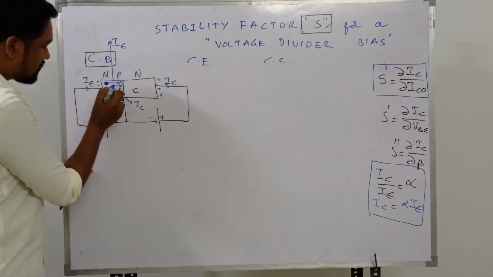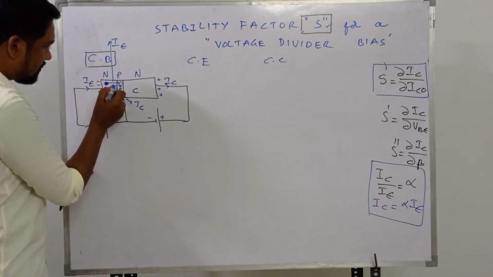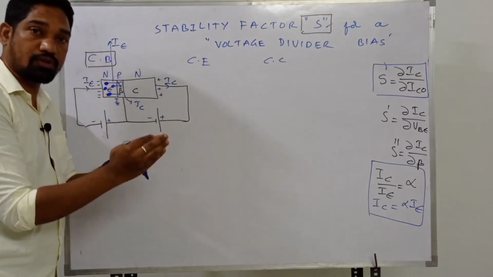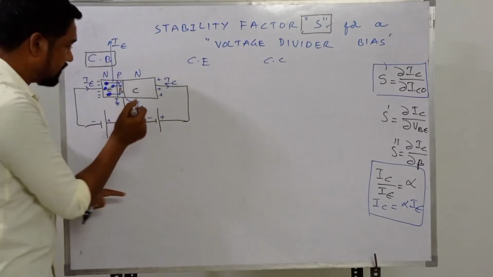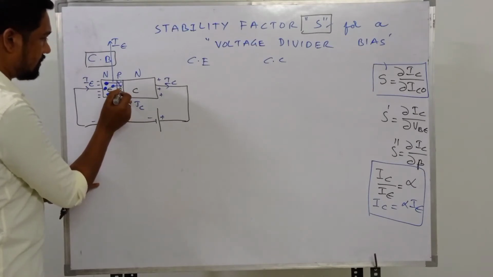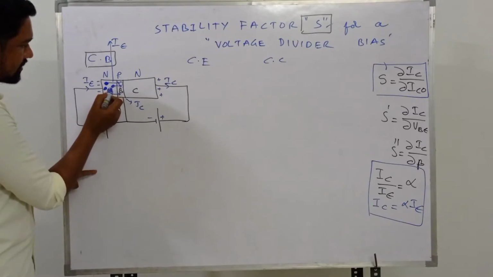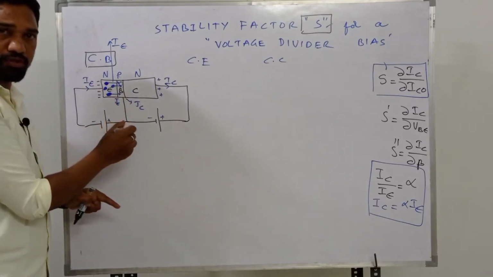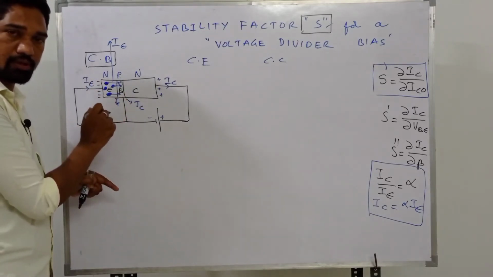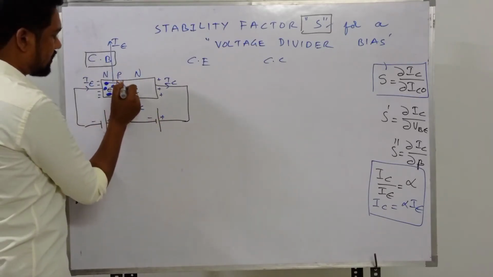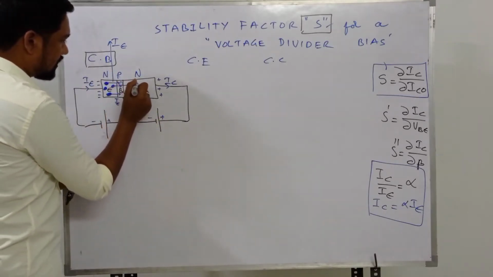Those electrons which move away from the emitter and enter the base region, some of them get recombined with the holes in the base region. For example, of four electrons starting from the emitter, one electron will be recombined with a hole in the base region, and the remaining three will enter the collector region.